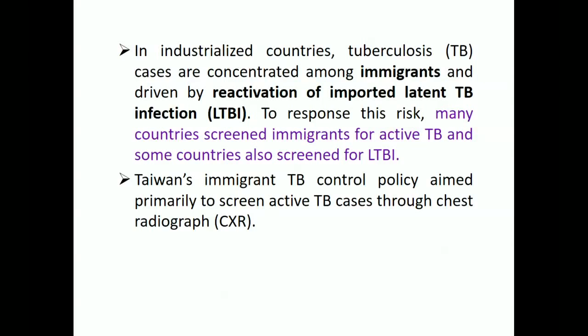In industrialized countries, tuberculosis cases are concentrated among immigrants and driven by reactivation of latent TB. To respond to this risk, many countries screen immigrants for active TB, and some countries also screen for latent TB. Taiwan's immigrant TB control policy aims primarily at screening active TB cases through chest radiograph for prevention.